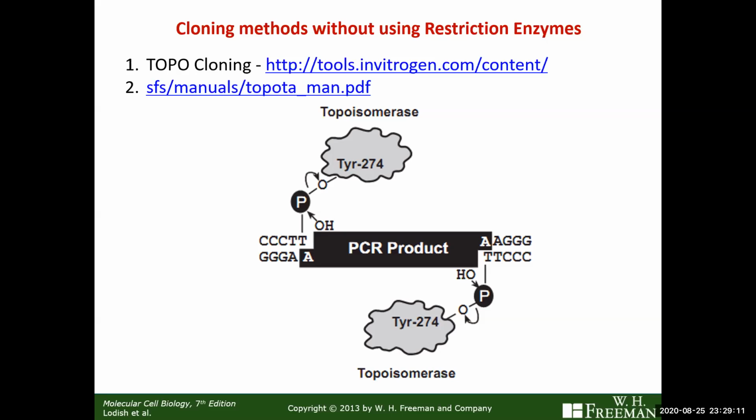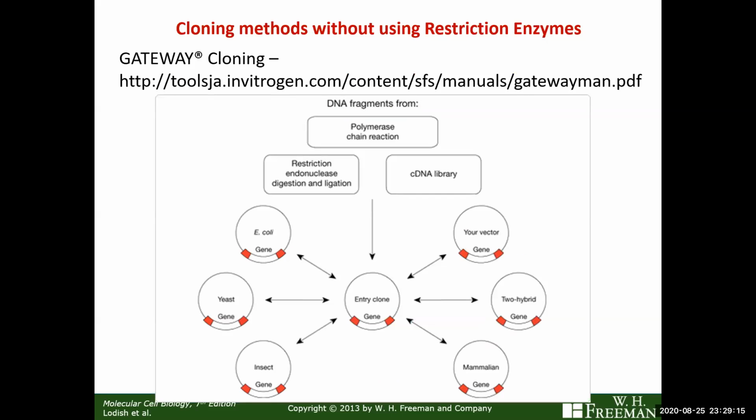So all that is done is that the vector, the entry vector, will have two sequences, which is the recognition sequence of the topoisomerase, and the DNA fragment that you will be generating, this time through polymerase chain reaction or PCR.